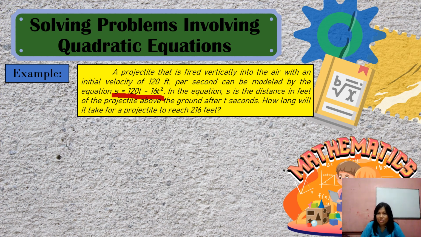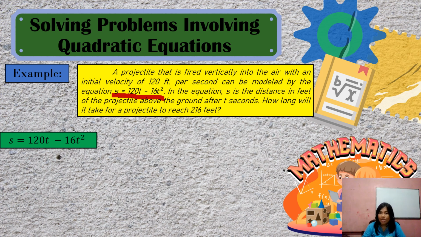In this equation, S is the distance in feet. So, S pala yung distance of the projectile above the ground after t seconds. So, yung t, ibig sabihin siya yung time. How long will it take for a projectile to reach 216 feet? Alright. So, ngayon, yung given natin na equation is S equals 120t minus 16t squared.